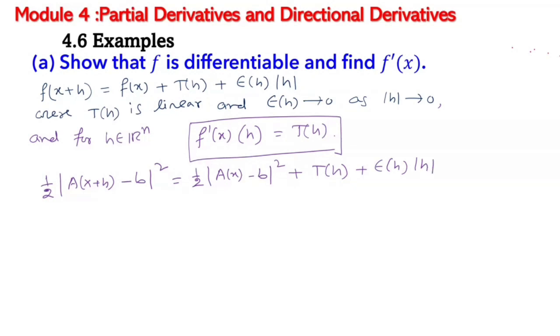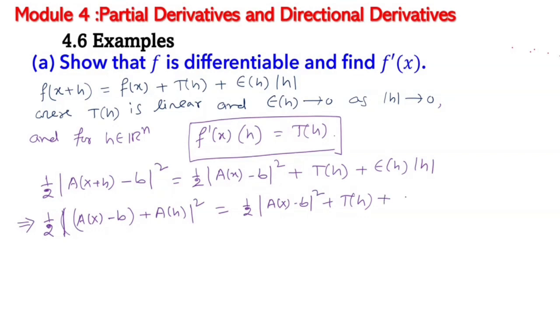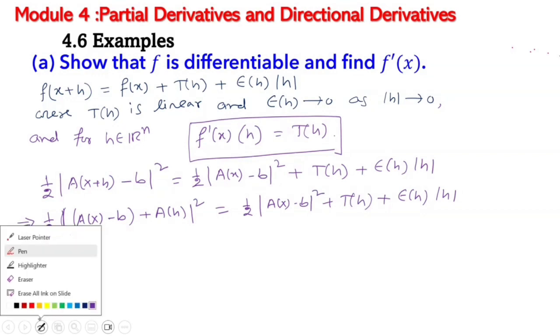We will classify the th and epsilon h by simplification. So this is equal to half, and now we can write it as (a plus b) whole square. So this is Ax minus b plus Ah, whole square.